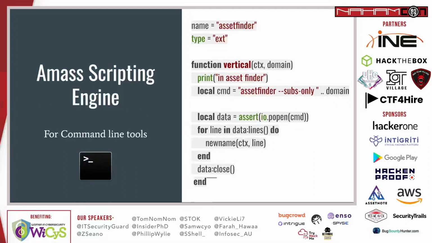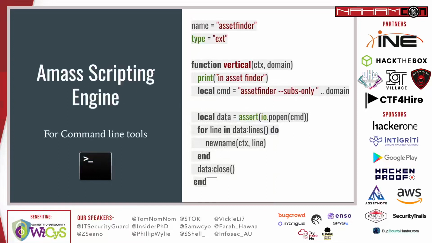What's important to notice about command line tools and the scripts, if you want to include them, is that the output should be only raw data. And that's why I'm using the argument subs-only for Assetfinder, because that will give me a clean output of domains. What Amass does next is it waits for the tool to finish, takes all the found subdomains and reports them back to the enumeration process.